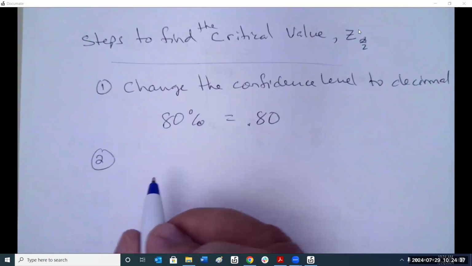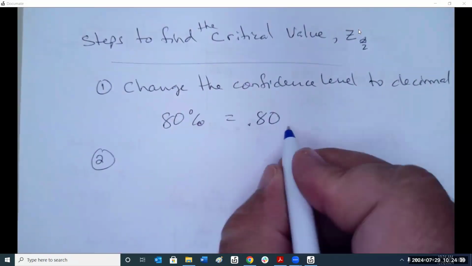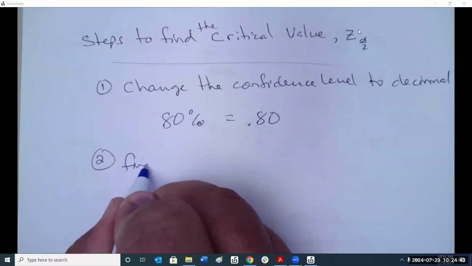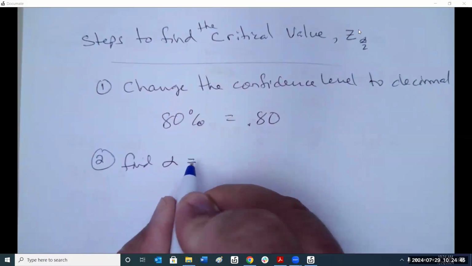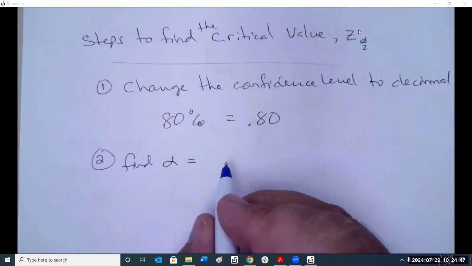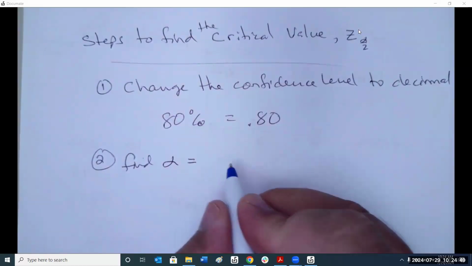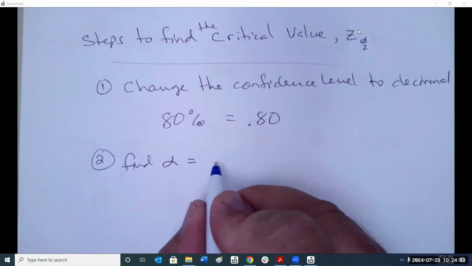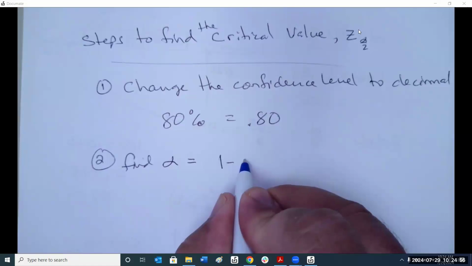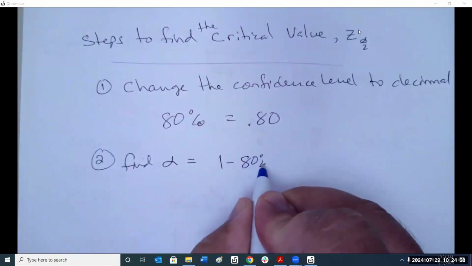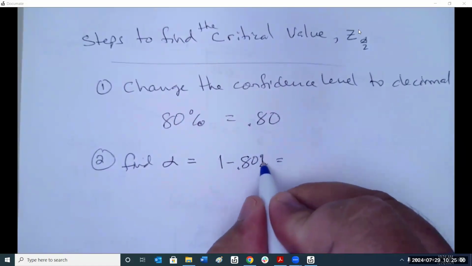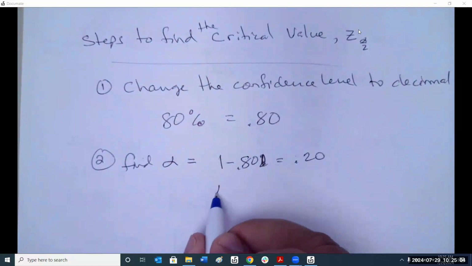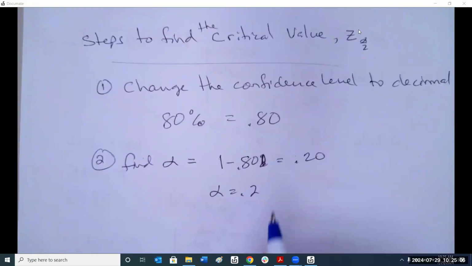Second, your alpha is the difference, or 1 minus 0.8, which is 0.2. So alpha equals 0.2.